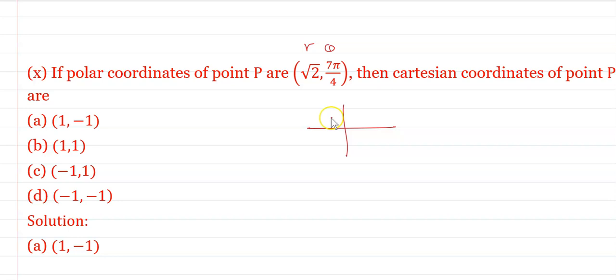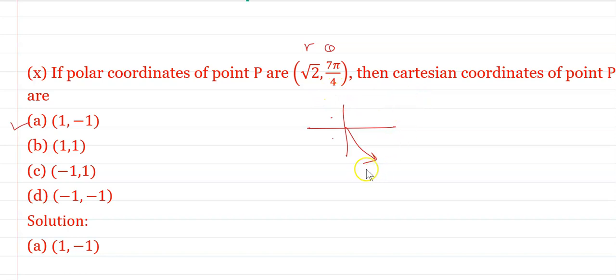It goes in the fourth quadrant. It means that the x coordinate is positive and y is negative. So can we get an option of that type? x should be positive and y should be negative. This happens only for option A by observation, by consideration of the angle.